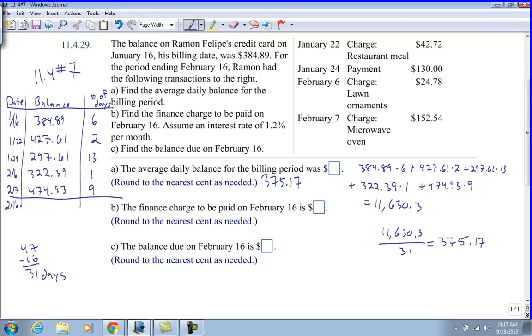Okay, now the next question is, what's the finance charge to be paid on February 16th? Well, that's going to be the average daily balance times the interest rate, 0.012 in decimal form. Now I get 4.50. So 4.50 is the finance charge.